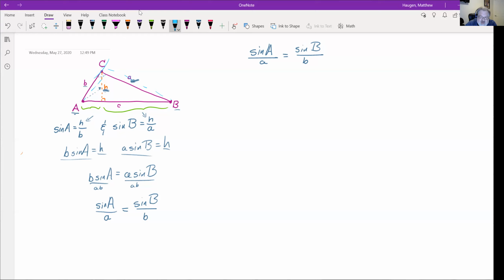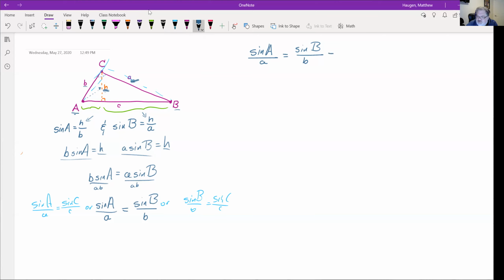If we had dropped this altitude from A, we'd have a similar relationship between B and C. If we'd dropped it from B, we'd have a similar relationship between A and C. So we could have built that the sine of A over A is equal to the sine of C over C instead. Or if we dropped the other altitude, we could have had that the sine of B over B is equal to the sine of C over C.